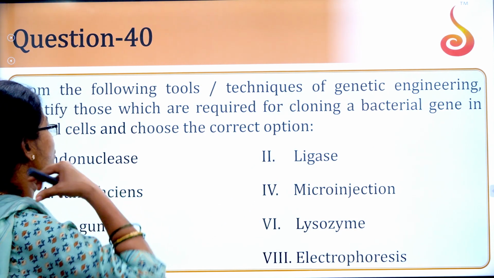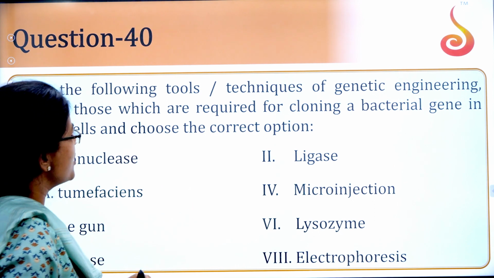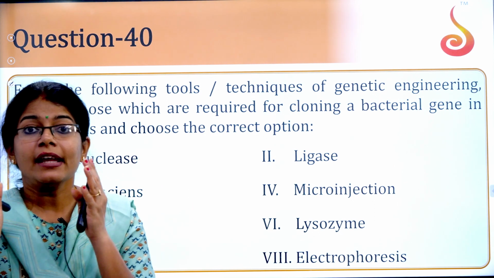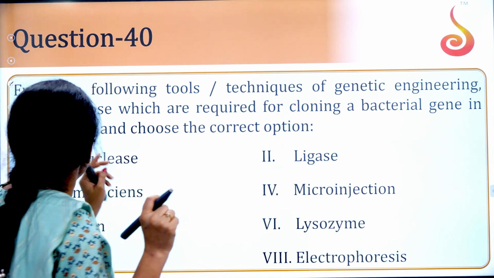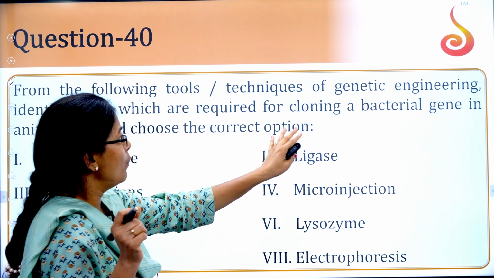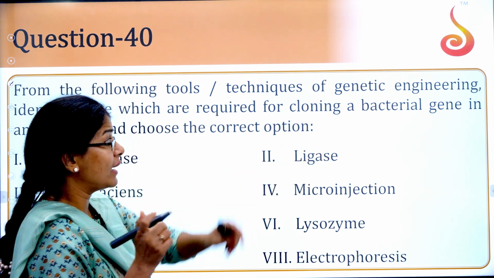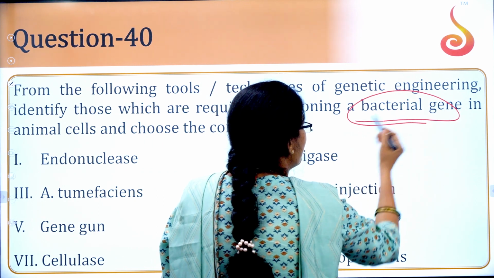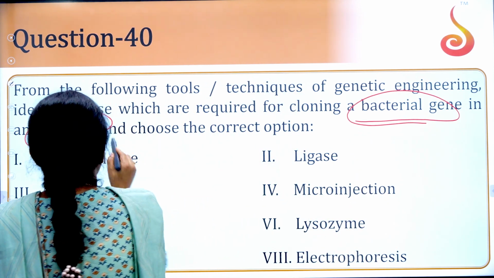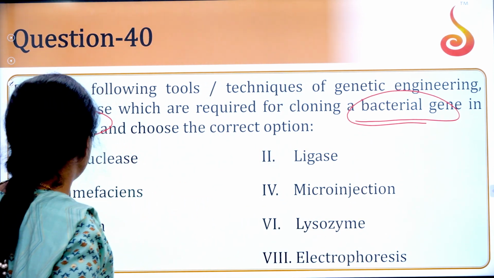From the following tools or techniques of genetic engineering, I mean to say recombinant DNA technology, which are the required equipments or things for cloning a bacterial gene? You are going to take a gene from bacteria and put it into the animal cells, and choose the correct option.